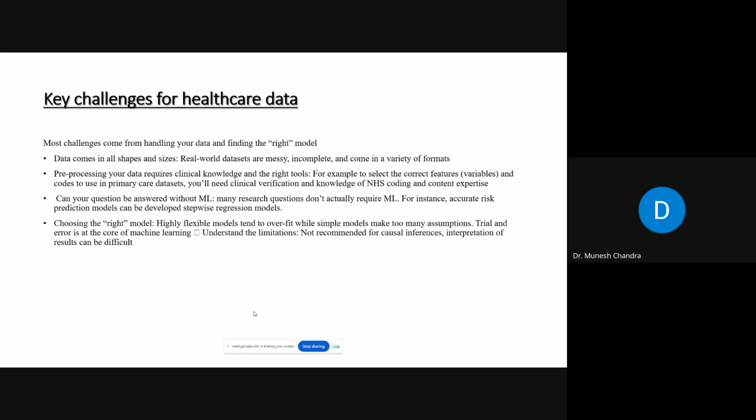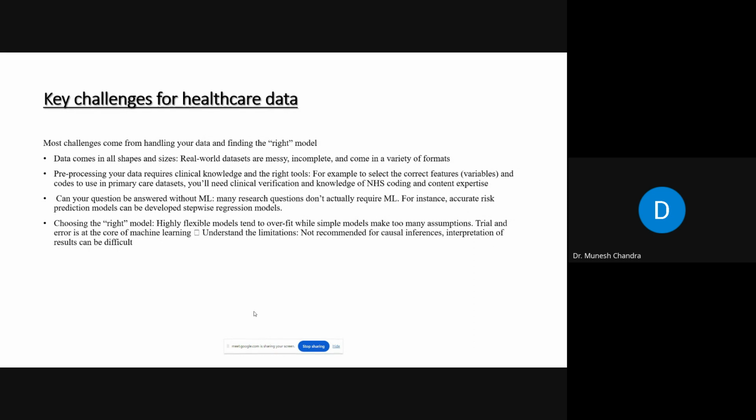And whenever we collect data sets from hospitals, the real world data set is very messy, and sometimes incomplete also, because not everyone knows how to collect the data, and there are standard parameters, and sometimes the data comes in a variety of formats. If you go to AIIMS, they give the data in a different format. If you go to certain local hospitals, they give the data in a different format. So these are the major challenges.